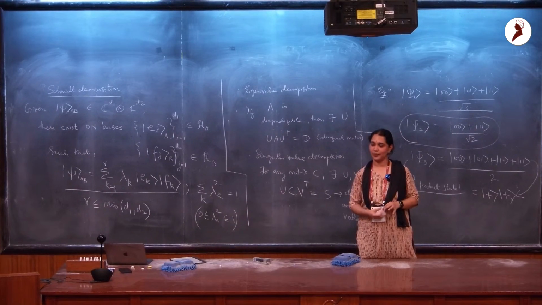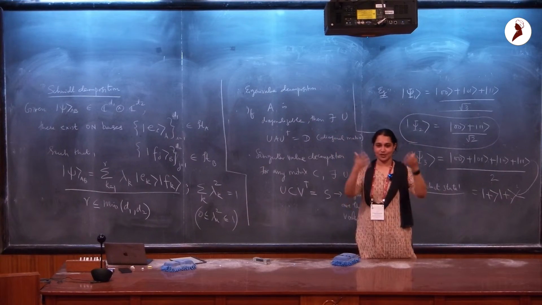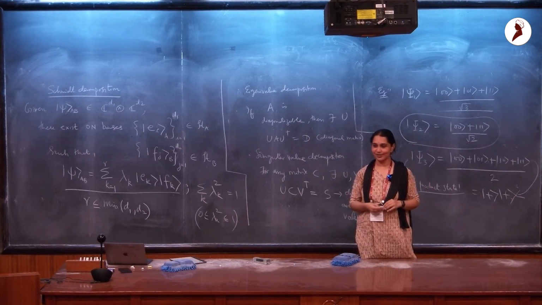Hermitian, okay. What about a unitary matrix? Aren't we all diagonalizing unitary matrices all the time? You have a Hamiltonian, you make a unitary matrix out of it, and then you diagonalize it, no? So what category do unitary matrices fall under?